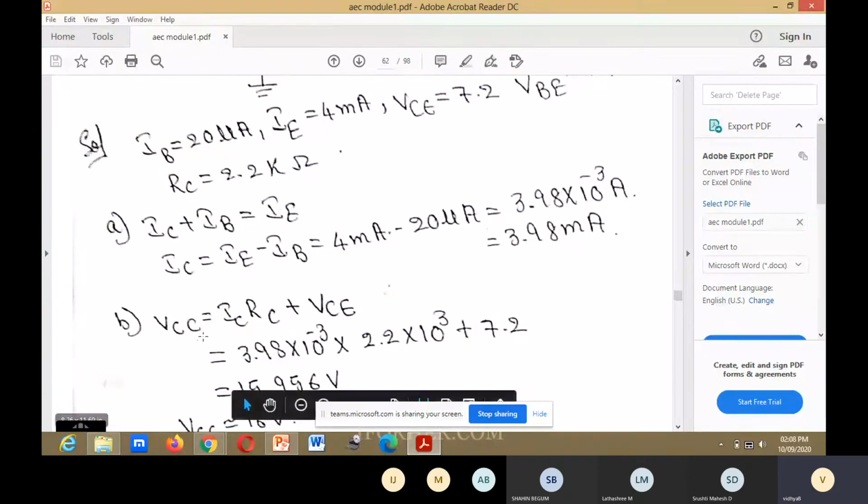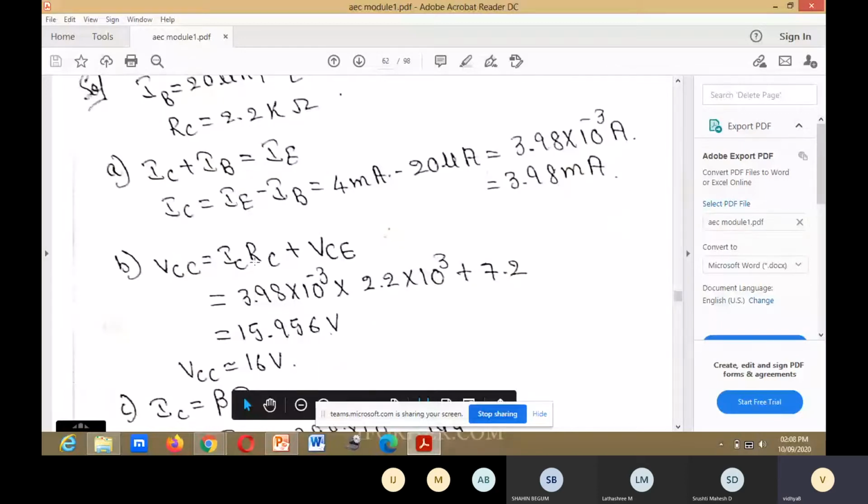Next, VCC. VCC is equal to ICRC plus VCE. We write this equation using the collector to emitter loop. There is the base emitter loop and the collector emitter loop. In the collector emitter loop, we write VCC is equal to ICRC plus VCE.